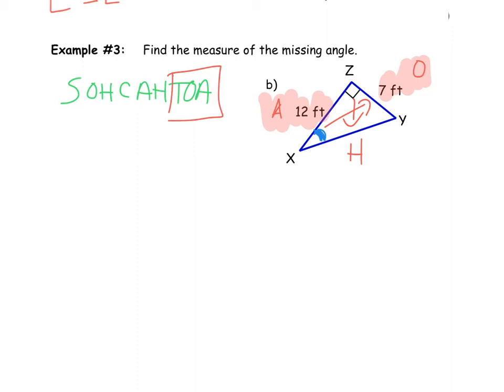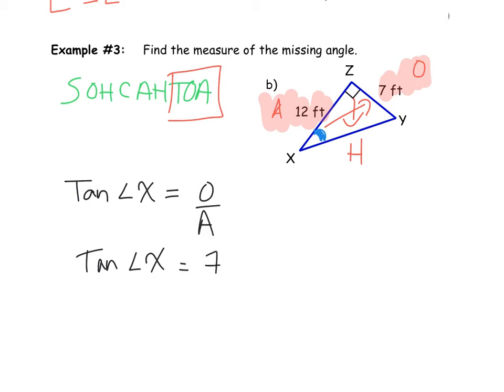So let's go ahead and solve this. So I know that the tangent of angle X is going to be the ratio of my opposite side length to my adjacent side length. So the tangent of angle X is going to be that 7 feet over my 12 feet.